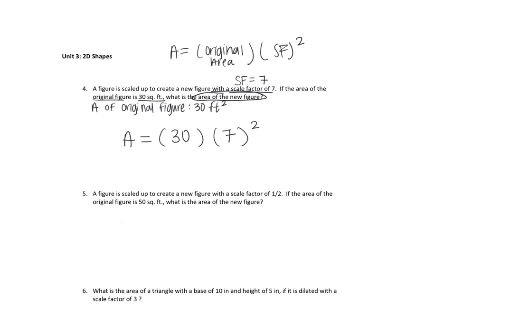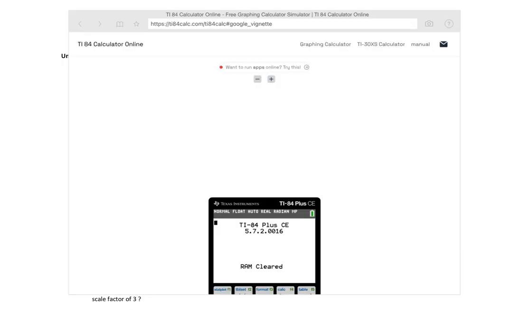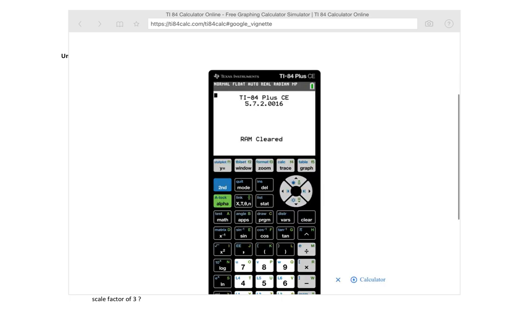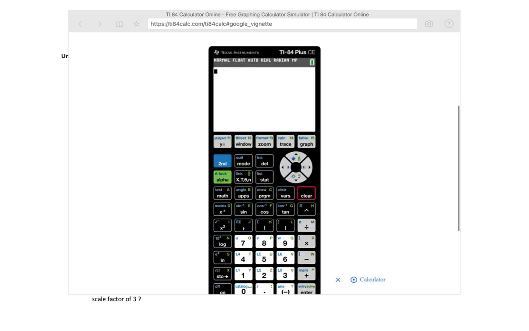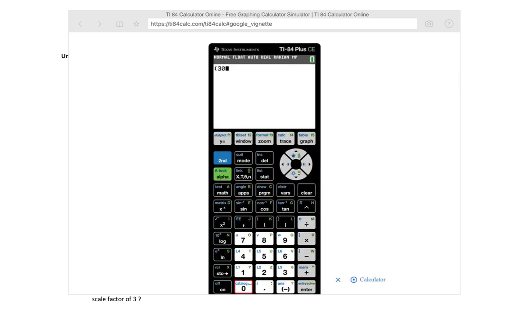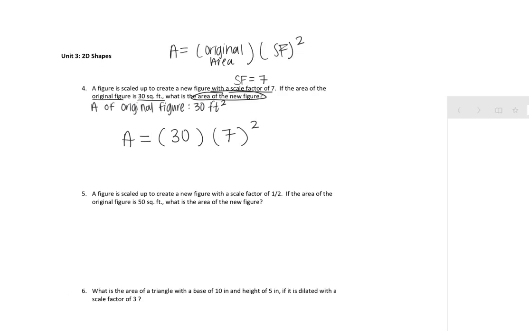Exactly how I see it, I'm going to put it in my calculator. So let's put it in parentheses 30, parentheses, 7, and then square it. Enter. 1,470. So my area equals 1,470, and put your units, please, so it's feet squared.